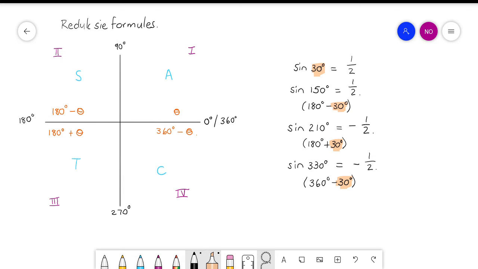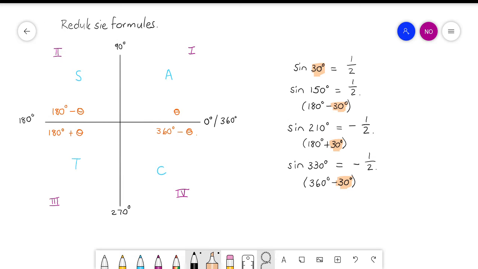Okay. So say now it was not the angle 30, but say we worked with tan in those four quadrants. Tan, and I give you angles that are all exactly the same, right? What will its sign be in the first quadrant? So if I'm working with tan and I'm working in the first quadrant, what will the sign be of my answer? Positive.